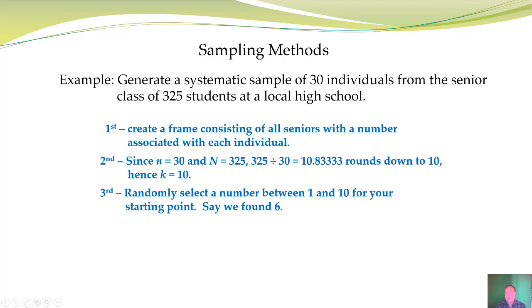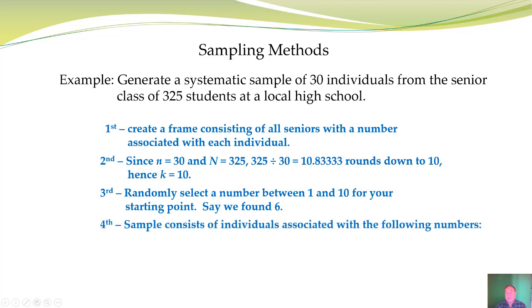Now third, randomly select a number between 1 and 10 for your starting point. Say we found 6 as our random number. Fourth, the sample consists of individuals associated with the following numbers. 6, because that's where we start. Then 6 plus 10 is 16. Plus 10 is 26.